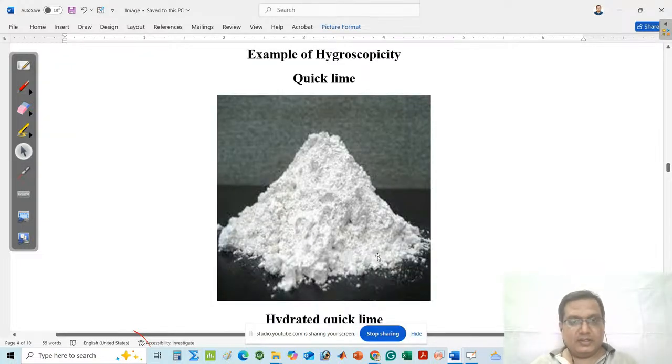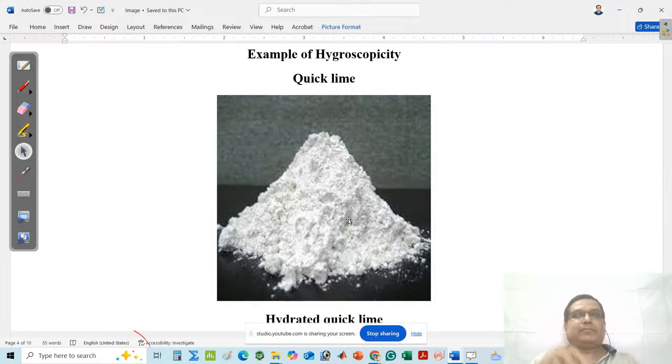Look at that. This is your quicklime. You know very well, when quicklime is kept outside in the environment, after some hours or a few days, it becomes wet.